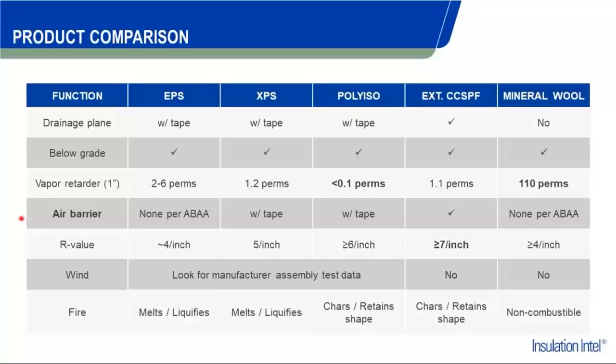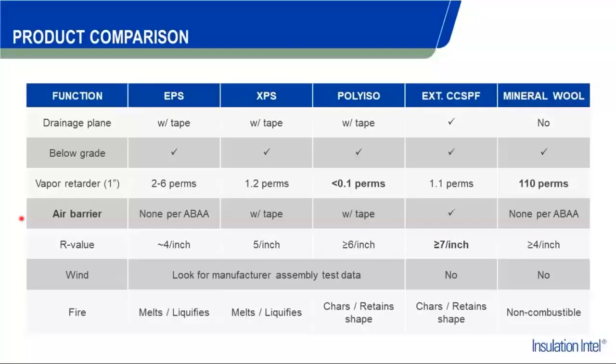Fire, we're going to talk about a bit more in the near future, but there are differences in fire ratings as well. Some of the polystyrene products actually melt pretty quickly, which we'll review in a bit.